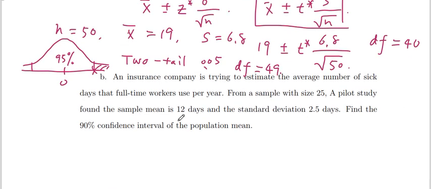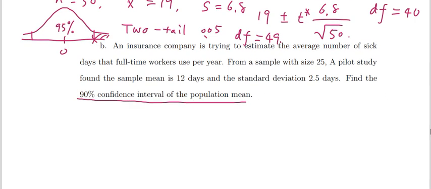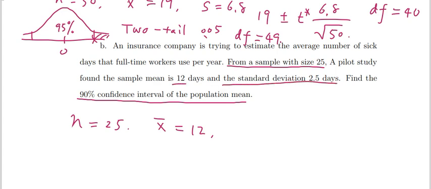This problem is quite the same. We want to find a 90% confidence interval for this. It's a similar problem, right? At the first step, we need to check which formula to use. From the sample, we find the sample size and the sample mean 12, and the standard deviation.